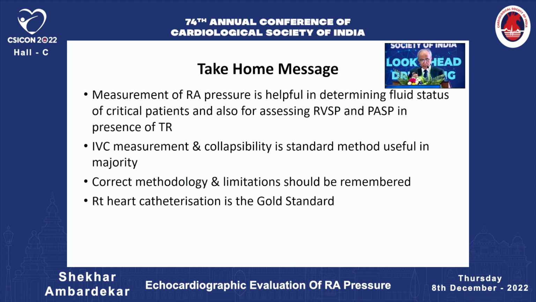IVC measurement and collapsibility index is a standard method. Correct methodology should be used, but we should always remember the limitations of this method from whatever I discussed. And of course, right heart catheterization is considered the gold standard. But for non-invasive assessment in our day-to-day clinical practice, this method is very, very useful.